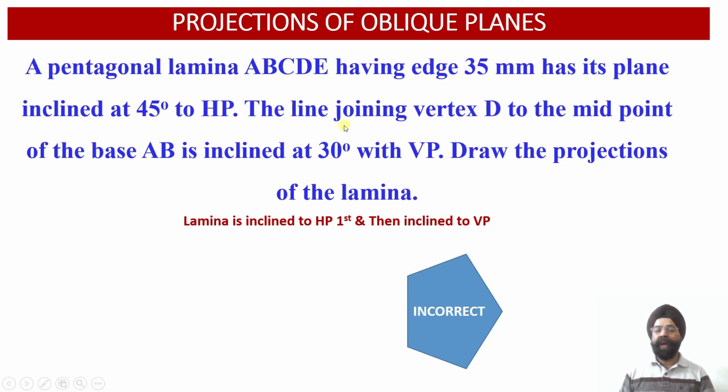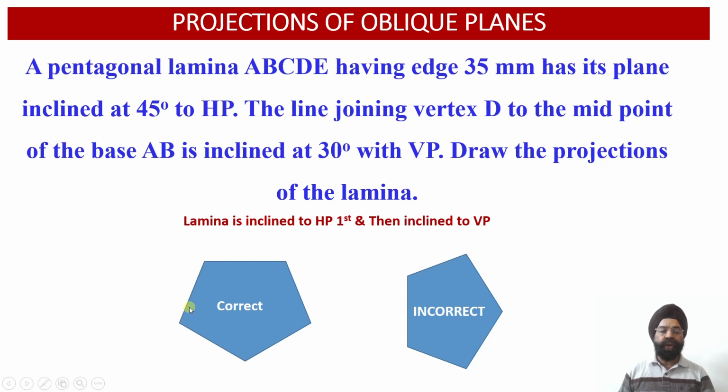So here we have been provided with the true length of the line joining vertex D to the midpoint of the base AB, which is inclined at an angle of 30 degree with respect to the vertical plane. So here we are going to obtain the apparent length of this line which joins vertex D with the base AB. Whereas if we draw this pentagonal lamina in this orientation, and incline it with respect to the horizontal plane at an angle of 45 degree, it will be resting on the ground on its corner.